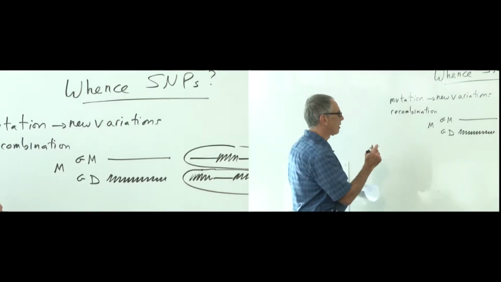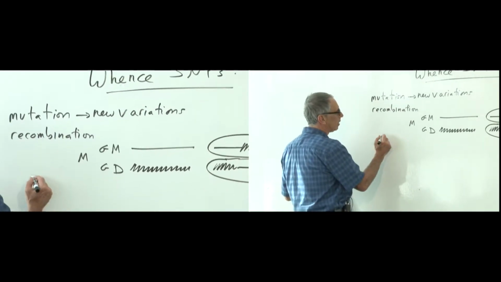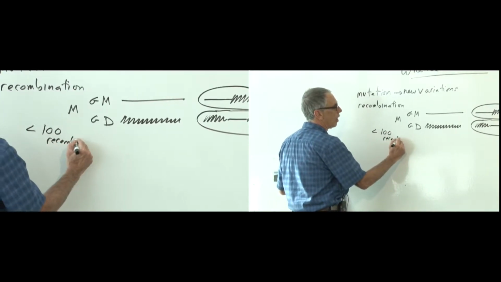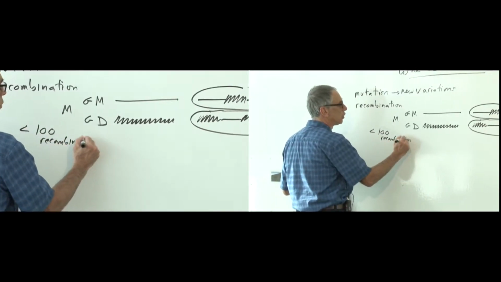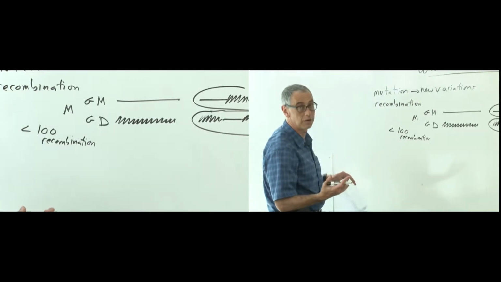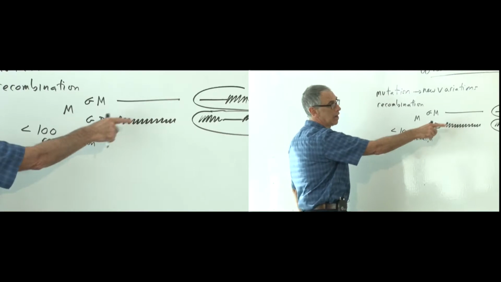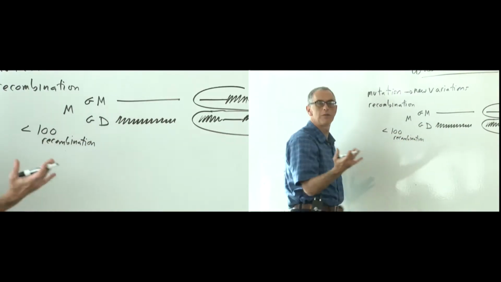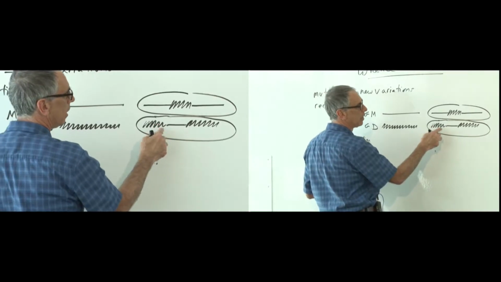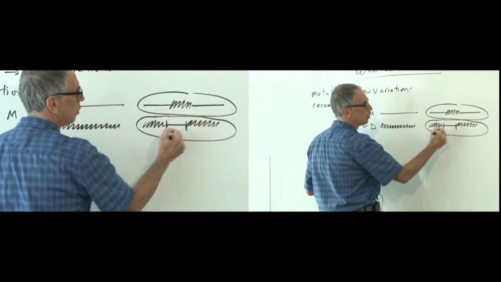In general, just to say about recombination, there are something less than 100 recombinations for every new genome. So if I look at all the 23 chromosomes, and I look at all the recombinations, there'll be like 3 or 4 recombinations per chromosome. So in this case, we have 2 breaks, 1, 2.